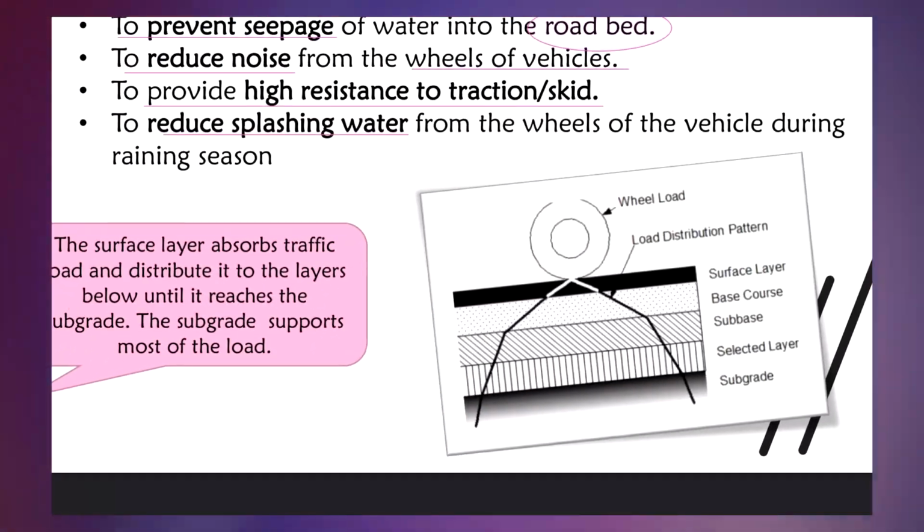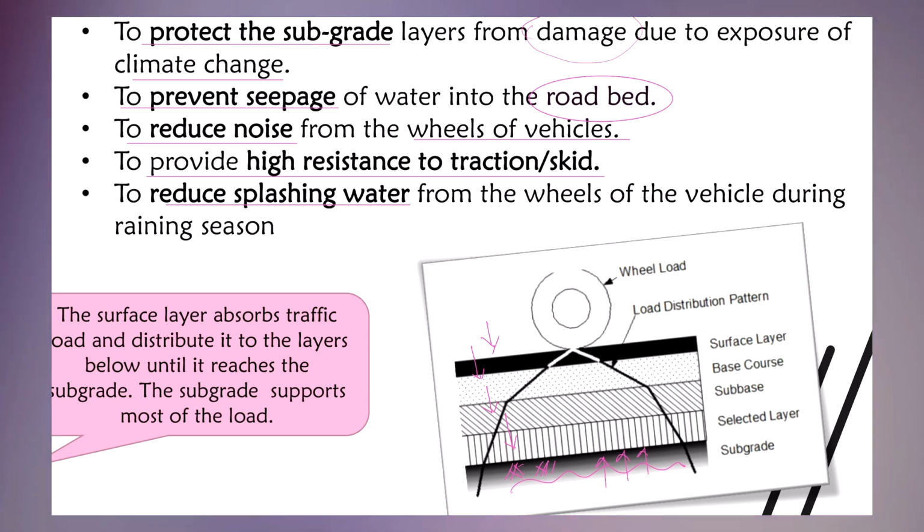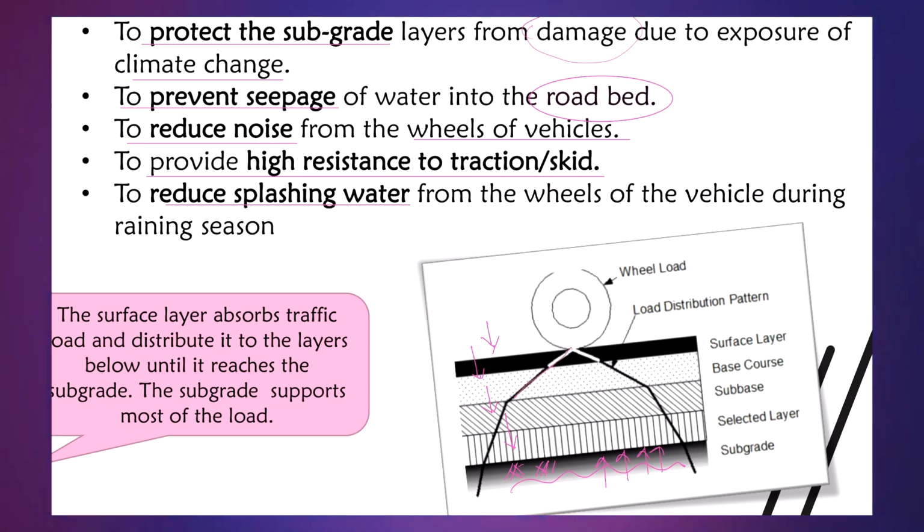So the surface layer absorbs traffic load and distributes it to the layers below until it reaches the subgrade. And this subgrade layer will be the one supporting the load, as you can see in this diagram. This is the load distribution pattern.